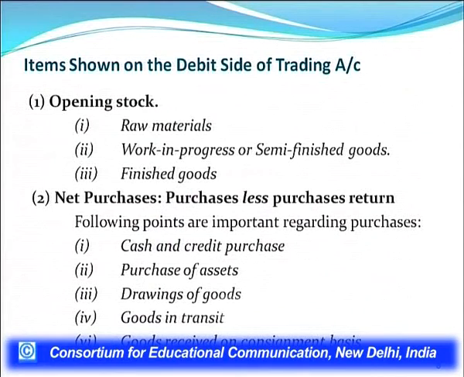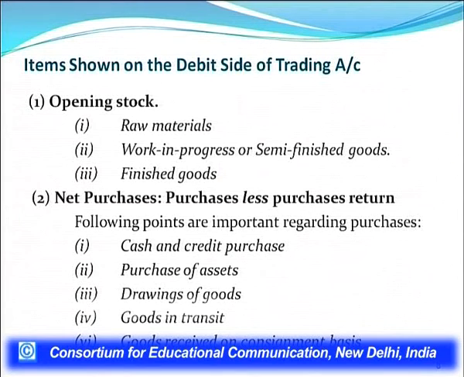Then net purchases. Net purchases means purchases less purchase returns, but a few points are very important. The first point is cash and credit purchase. So, we have to record both the purchases, whether they have been purchased on cash basis or on credit basis.